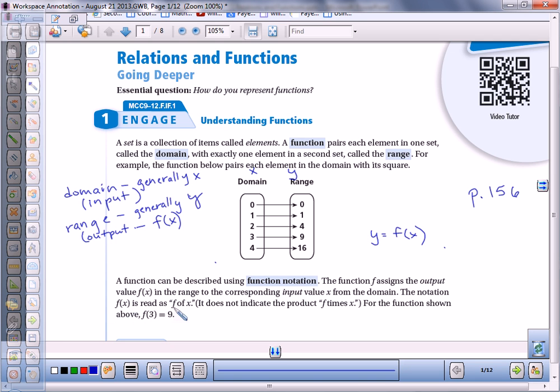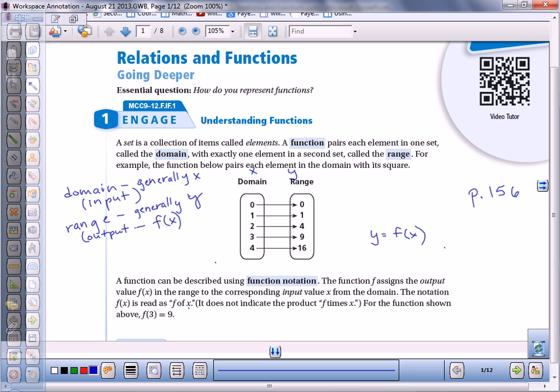This does not mean f times x. That x being in parentheses right there does not mean times. For the function shown above, f of 3, for input value 3, equals 9. The output value is 9. Does that make sense? What would f of 4 be?